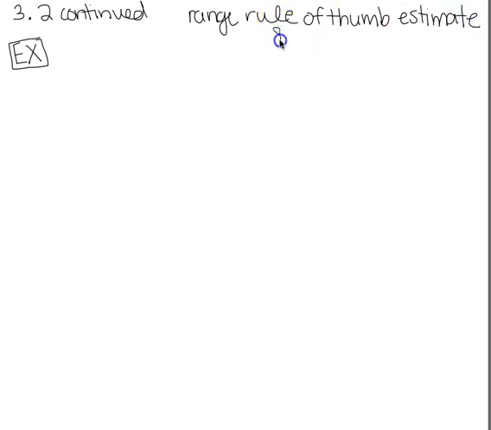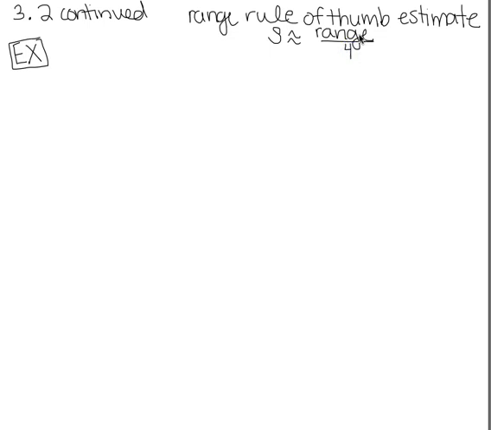So, range rule of thumb estimate. We would really only use this if they tell us to, because we have much more precise formulas. So unless we need to, we wouldn't use this.